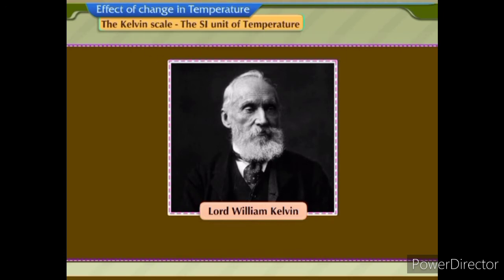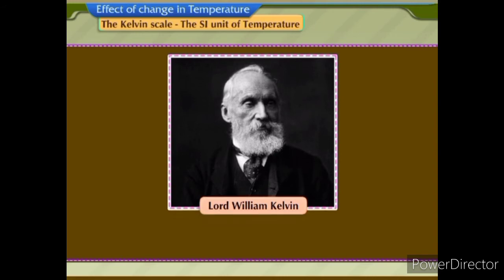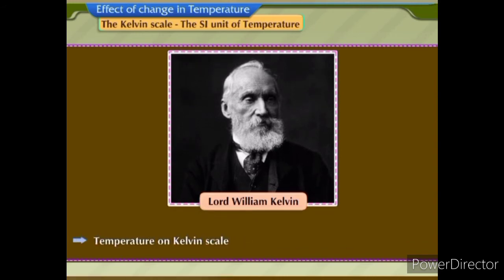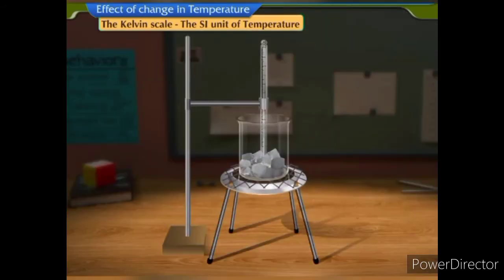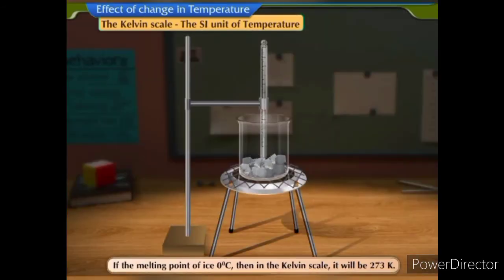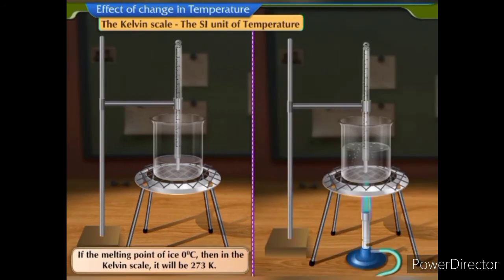The relation between the two scales of temperature is: temperature on the Kelvin scale is equal to temperature on the Celsius scale plus 273. Thus, if the melting point of ice is 0 degrees Celsius, then in the Kelvin scale it will be 273 Kelvin.